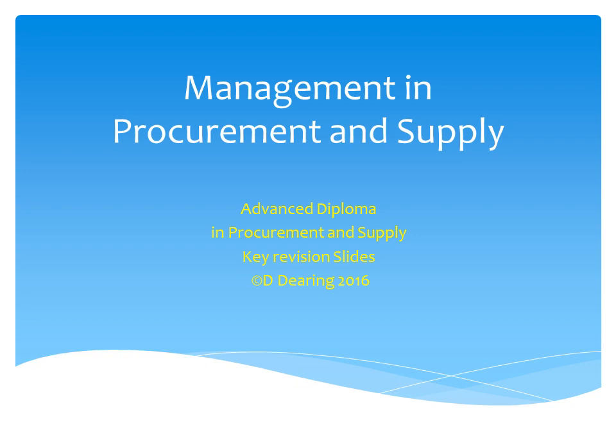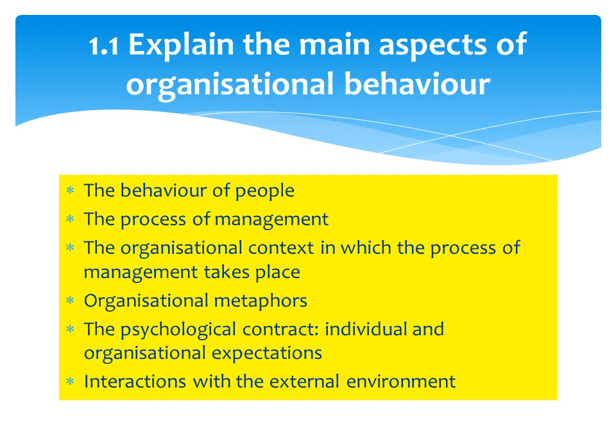So session 1, management in procurement and supply for the advanced diploma. There are 4 learning outcomes within the main section 1, and the first one is to explain the main aspects of organisational behaviour: the behaviour of people, the process of management, the organisation context, organisational metaphors, which is quite an interesting viewpoint, the psychological contract, and interactions with the external environment.